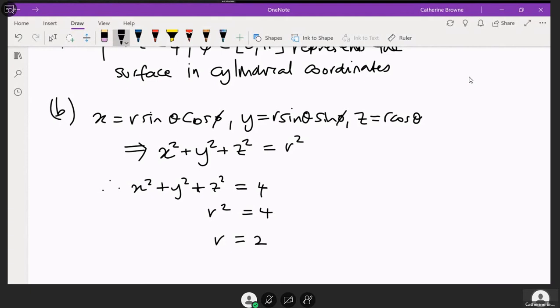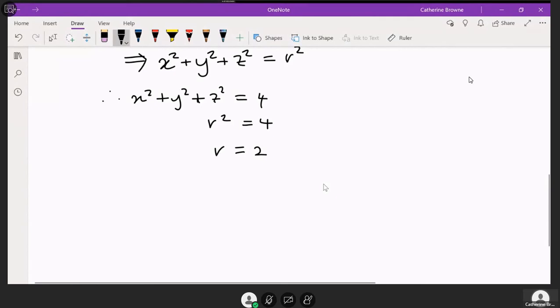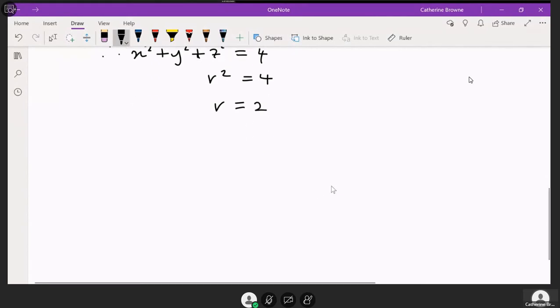And we can ignore the r equals minus 2 here. When we take the square root of both sides, we don't have to consider the minus 2 because we're in spherical coordinates, and as part of that, r is always greater than 0. Because otherwise you'd sort of be doubly defining things.